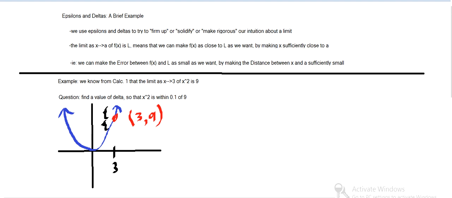We want to find a distance around 3 so that the y value is within 0.1 of 9. So we want that error to be 0.1. So we want f of x to stay within 0.1 of 9, so between 8.9 and 9.1.